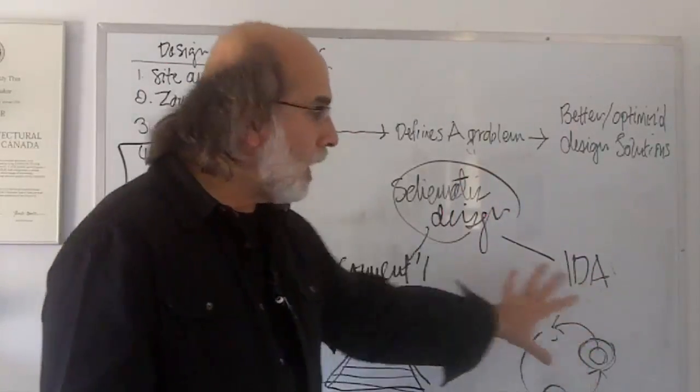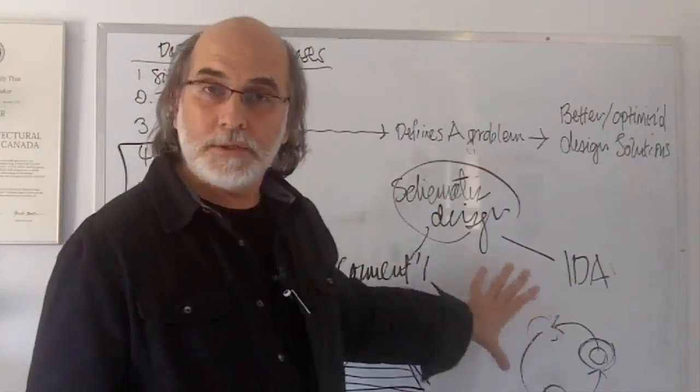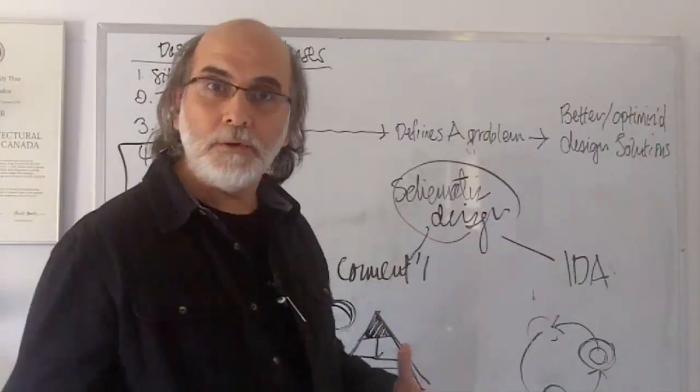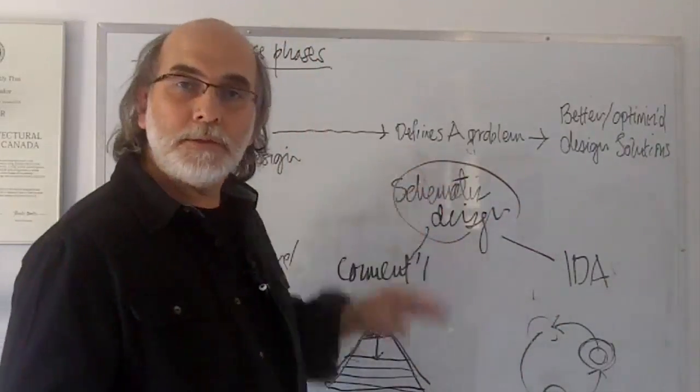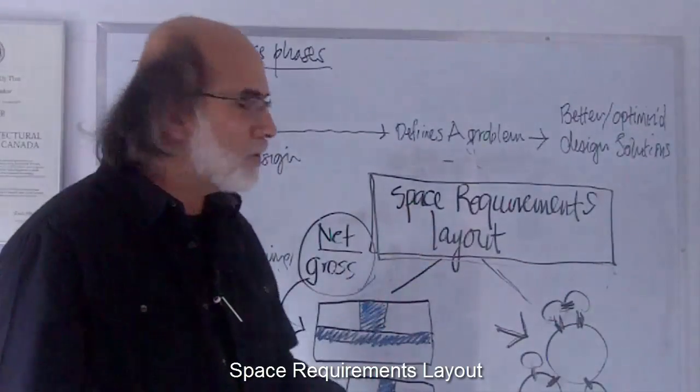So you see how the approach of the schematic design, or the approach of design in general, starts at the schematic design stage. Now I would like to move on to what we call the space requirements layout.